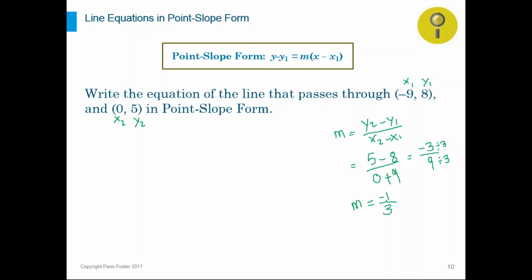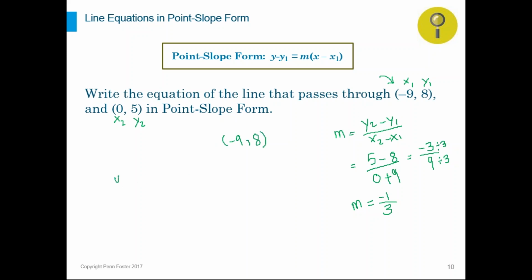So I have a slope and I have 2 points. I can choose whichever point I would go for. I would go for the one that does not have a 0 in the x or the y, so that I'm able to use an actual value and I'm not going to be eliminating any of the variables there, x or y. So I'm going to use (-9, 8).